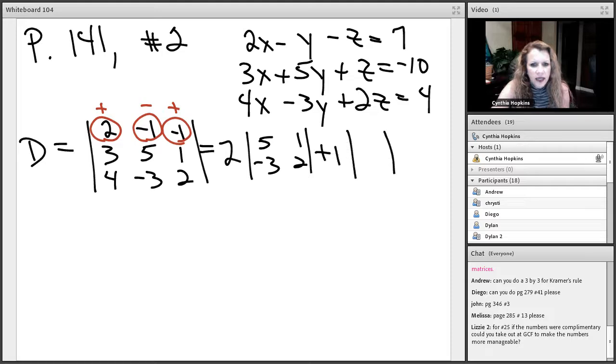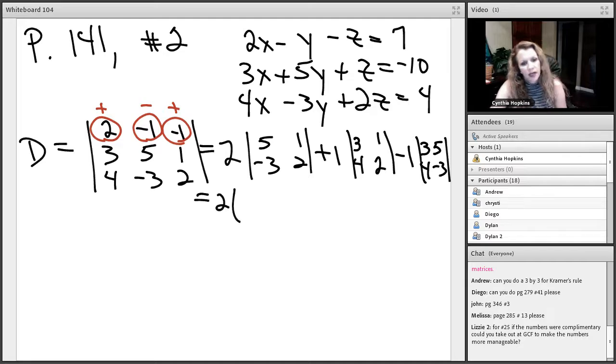And then again, I'm going to cross out the row and the column that the -1 is in, and I'll be left with 3, 4 for the x column, and then for my second column, 1, 2. And then I'm going to go plus a -1, so that's -1. And then I cross out the row and the column that that -1 is in, and I'm left with 3, 4, and 5, -3.